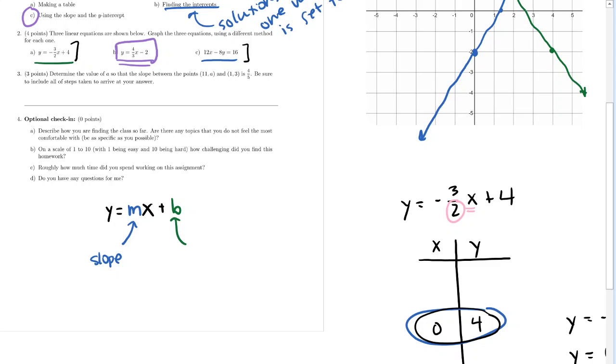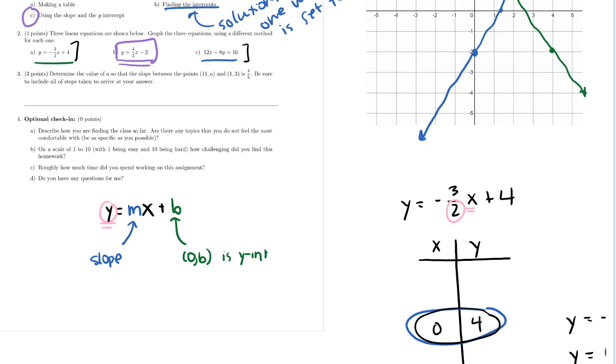And this constant term that's being added on is the location of our y-intercept. 0 comma b is the y-intercept. And this is only true when our y variable is isolated on the other side of the equation. If that's not the case, we can't draw these conclusions about slope and y-intercept.